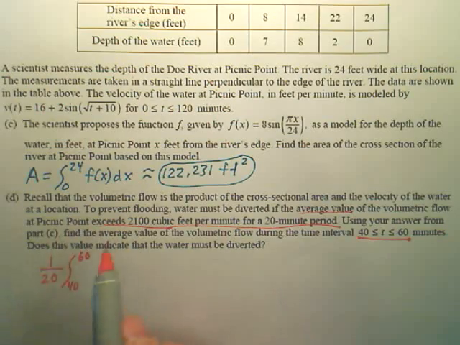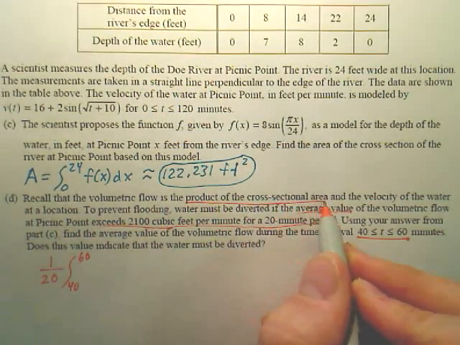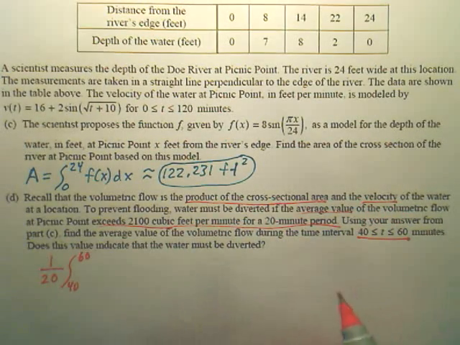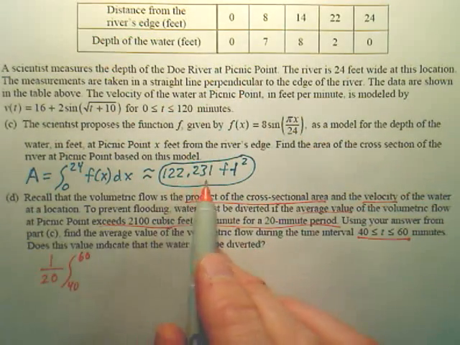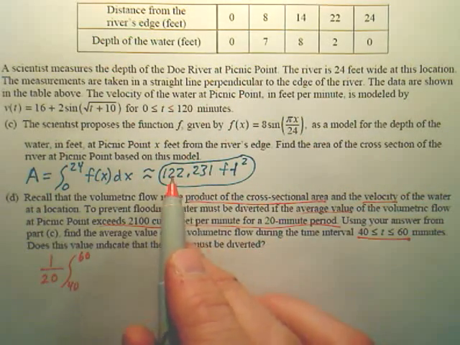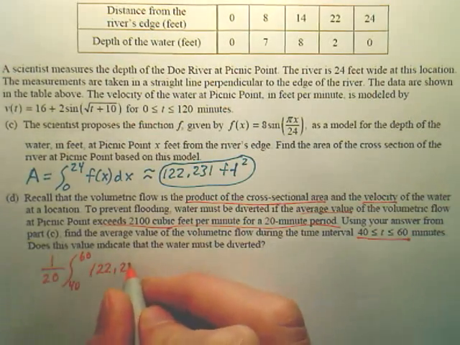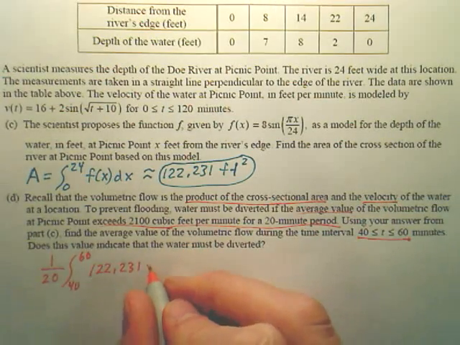Isn't the volumetric flow the product of the area and the velocity? Now, what's the area? Well, isn't the area now this? Before it was 115, isn't it this now? Then we have a more accurate answer. So it's 122.231. And then don't we need the velocity now? Isn't that v of t?